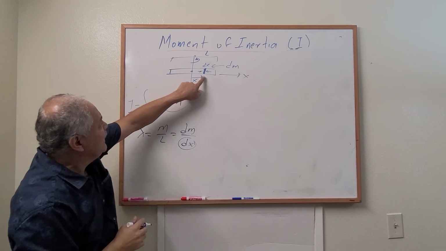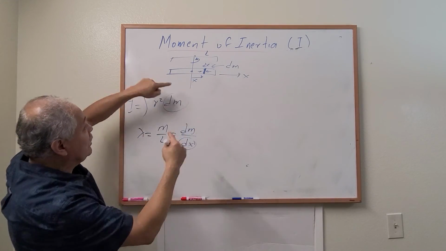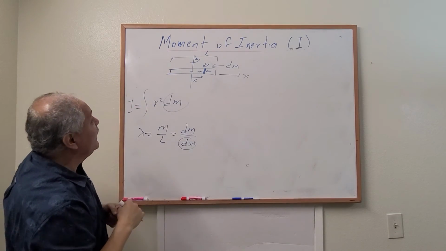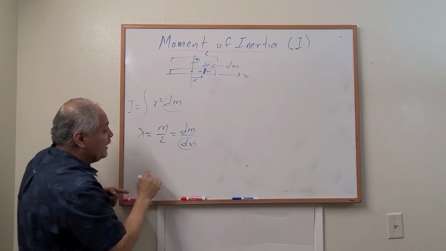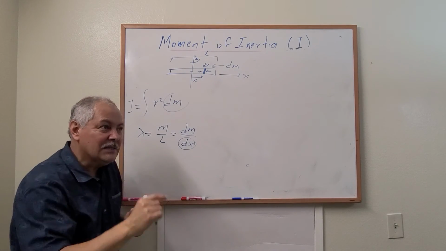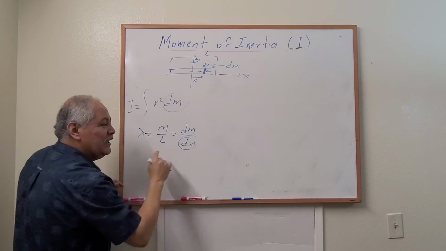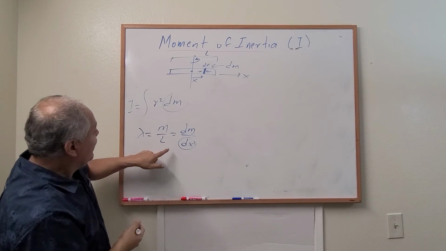We have the element of mass, we have the distance from the axis of rotation, which we call x, or the radius. And because we're dealing with densities, we need the thickness of that element of length, and we call it dx. So we represent all these quantities right here.